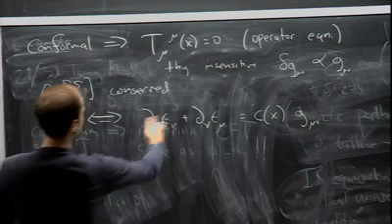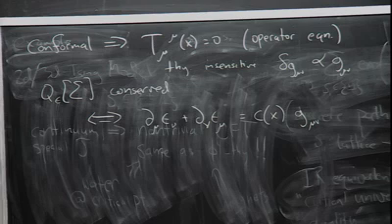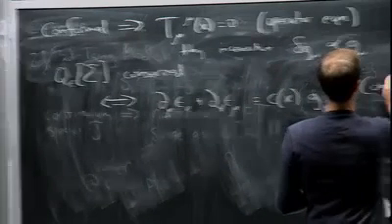Okay, so if you have this, then just pop it in there, and the trace of the stress tensor is 0, so you're good. You get another conserved quantity. And this is the conformal Killing equation.